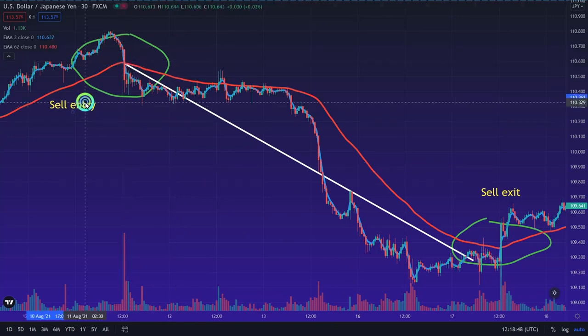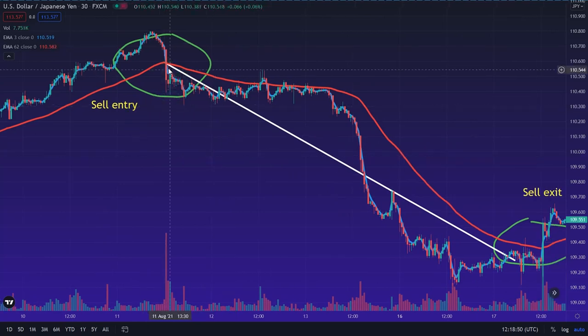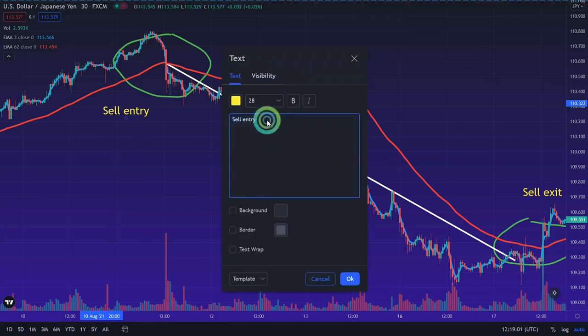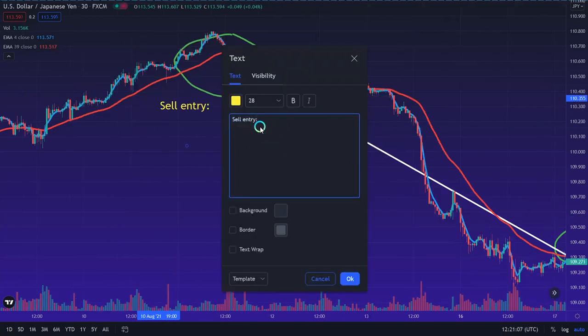We have a sell entry. The algorithm showed that it was the entry here. I will tell you the sell entry rules. So basically our sell entry rules are the following. They are just as simple as with the buy entry.